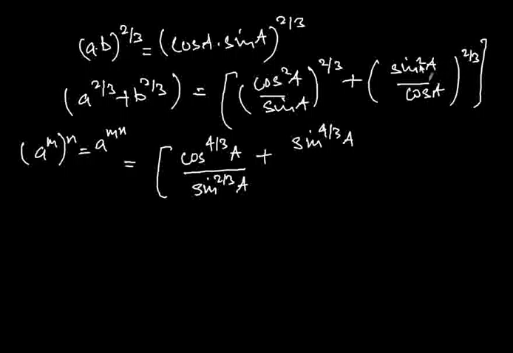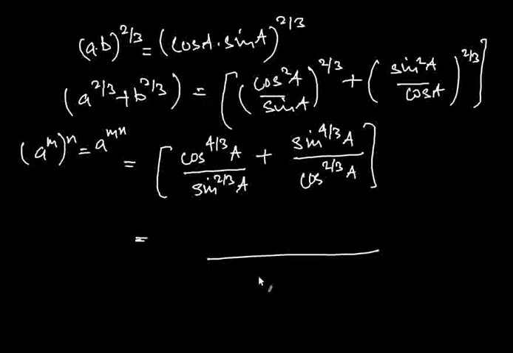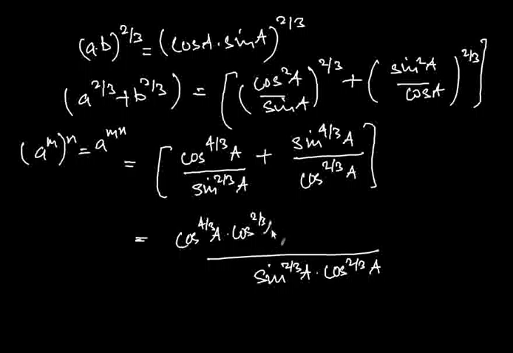So that's sine square, it's raised to the second power, so 2 times 2 by 3, divided by cos to the power 2 by 3a, right? And this comes down to sine to the power 2 by 3a times cos to the power 2 by 3a into, well, this becomes cos to the power 4 by 3a times cos to the power 2 by 3a, right?